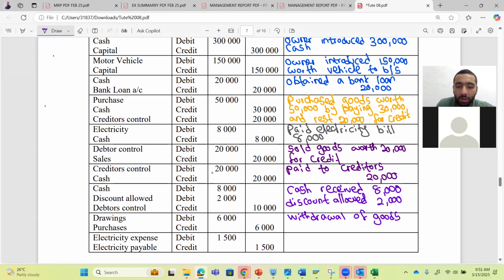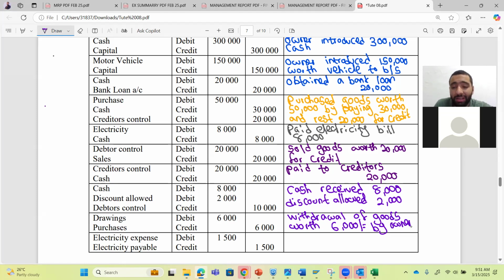Withdrawal of goods worth 6,000 rupees by the owner. The owner took goods worth 6,000 from his business to his home. Right? Very simple. Right?